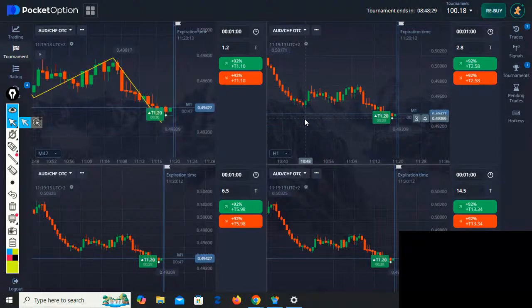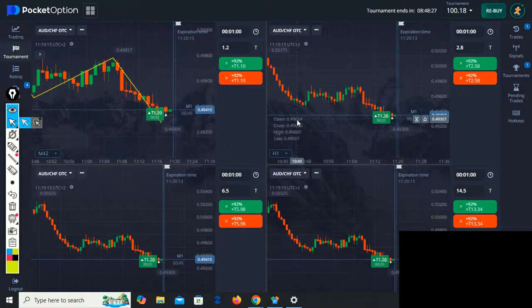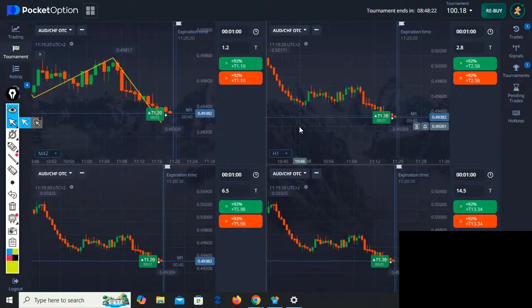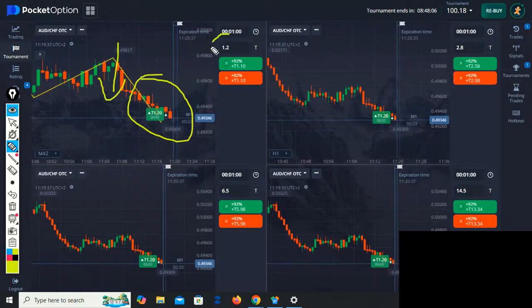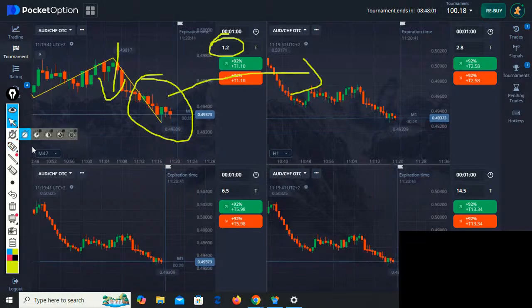I think this is going fine. Okay, nope, it's losing. So if this one wins, we keep on trading one for as long as we are winning, we stick to stage one. If we lose, we jump to stage two, which is happening.